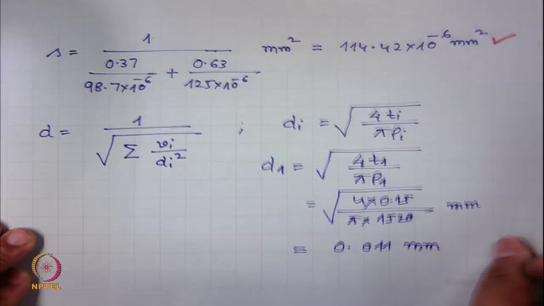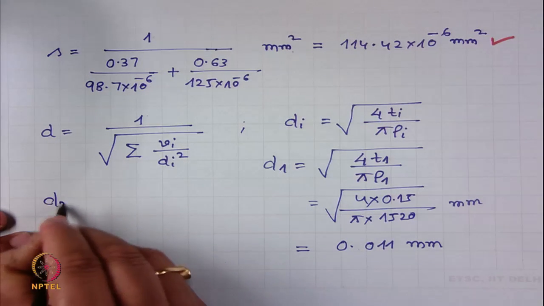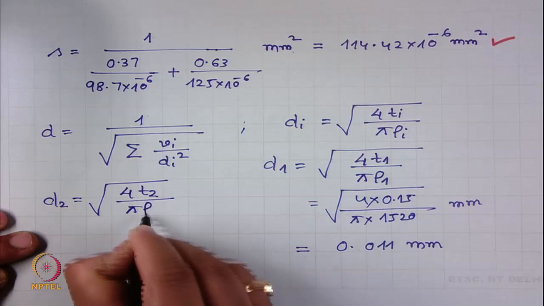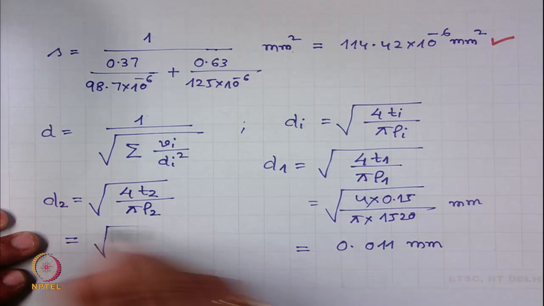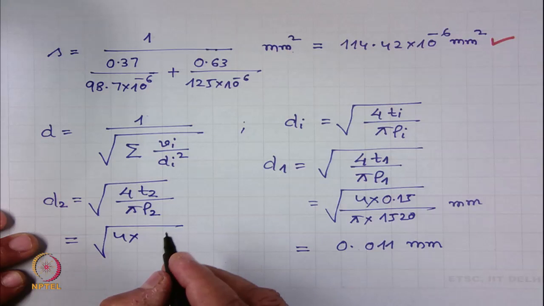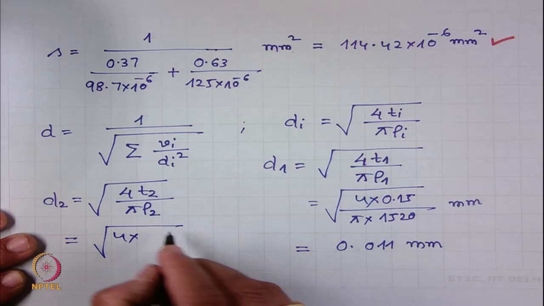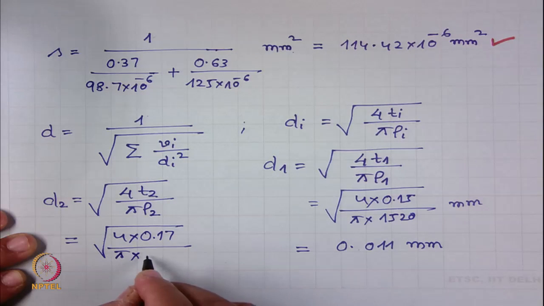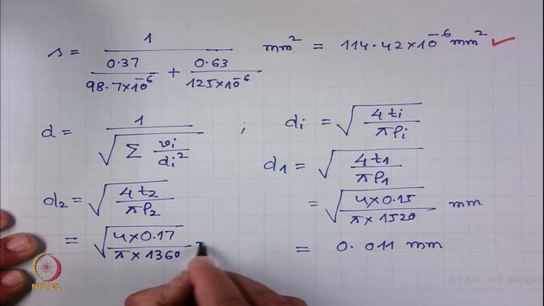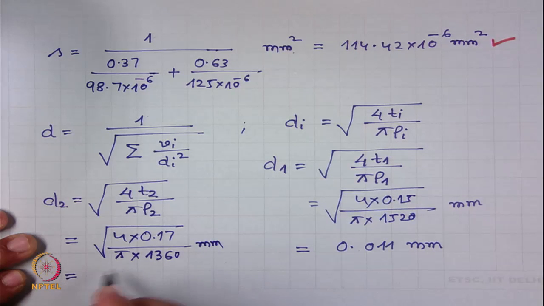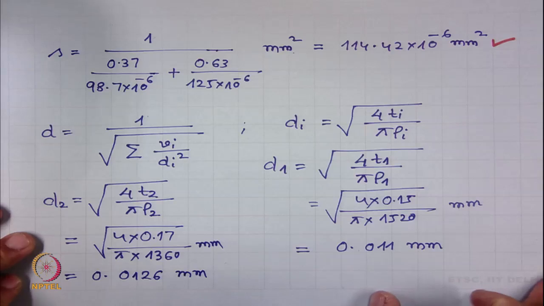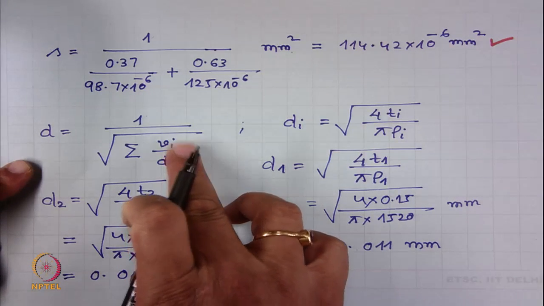So, this is D1. What about D2? D2 similarly 4 T2 by pi rho 2. So, 4 into 1.7 decitex is T2, so 0.17 tex, pi into 1360. In millimeter, this value you will see as 0.0126 millimeter. So, 12.6 micrometer. So, now you know all 4 quantities V1, V2, D1, D2.